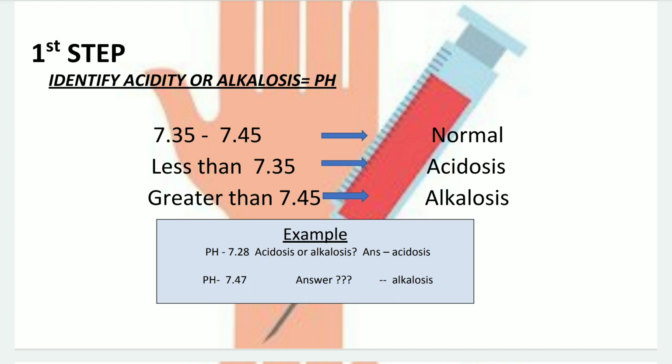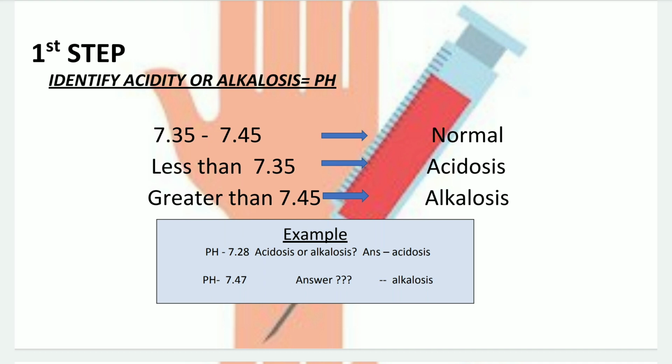Let's see some examples. So let's see pH 7.28. Can you tell me whether it is acidosis or alkalosis? Of course, it is less than 7.35, so it is acidosis.